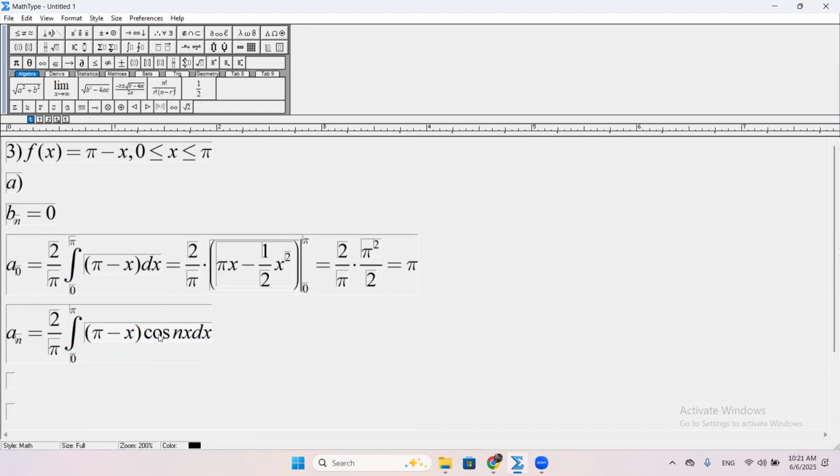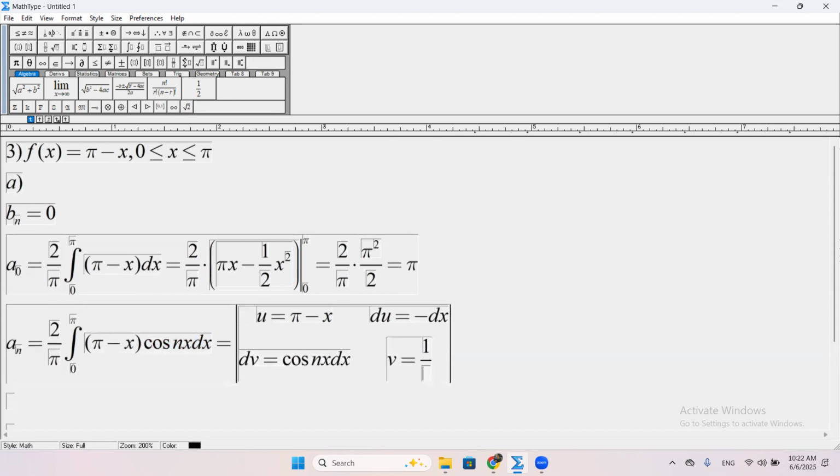And what about an? Multiplying our function by cosine of nx, and then we will integrate it by parts. So u equals p minus x, du equals minus dx, dv equals cosine of nx dx, and v equals 1 over n sine of nx.